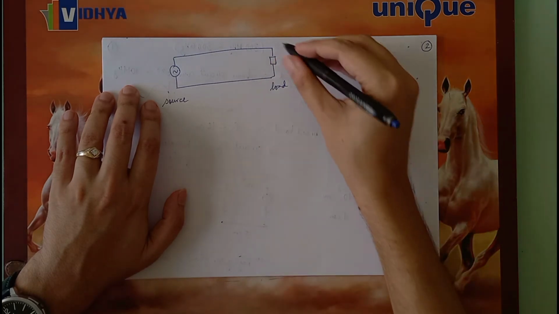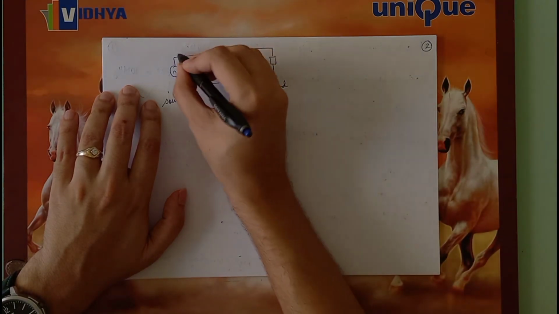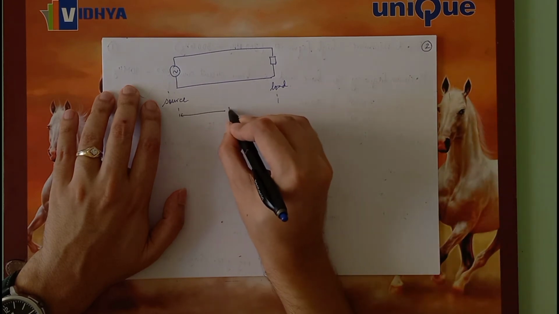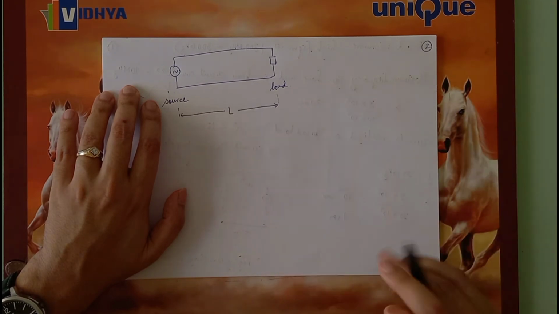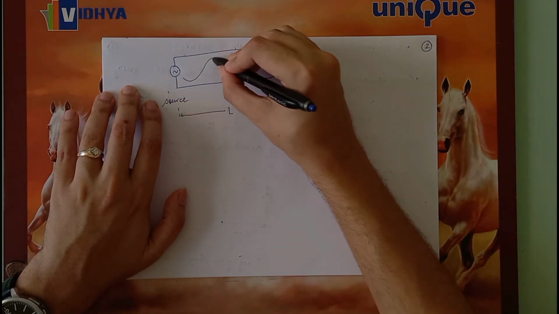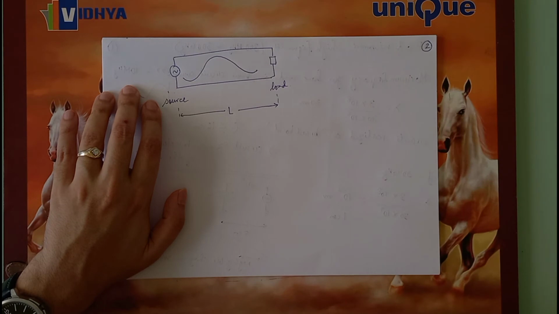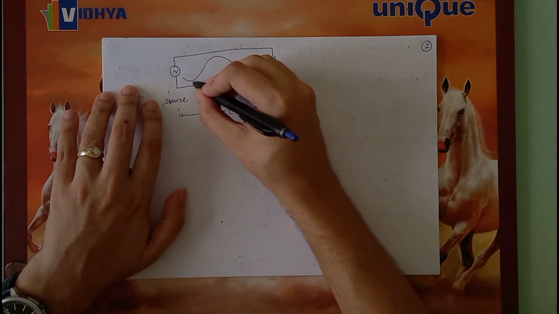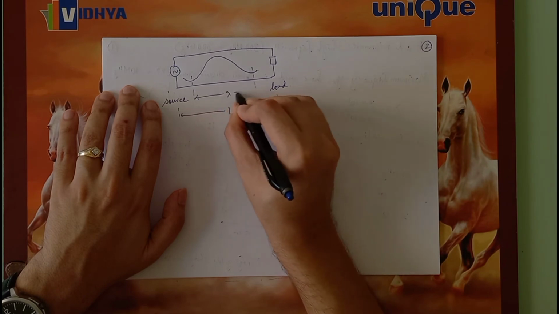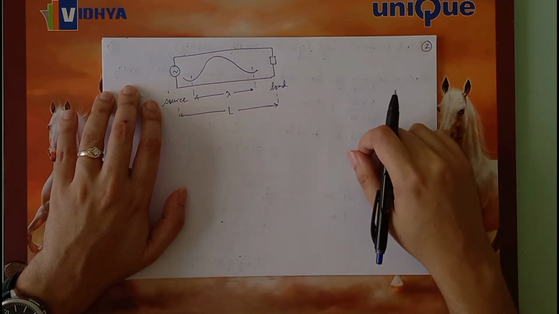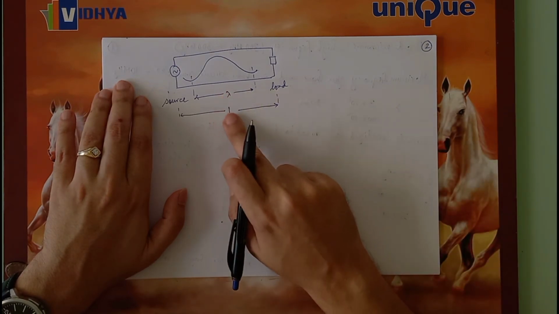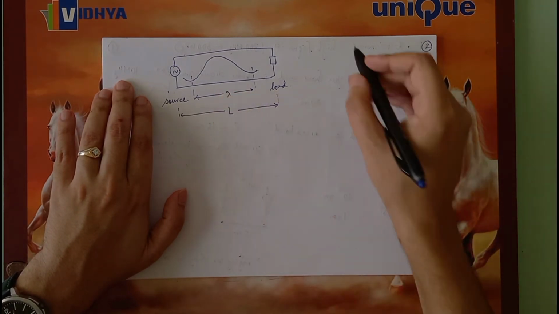Now, suppose the distance between the source and the load is some length quantity L. And there is a high frequency wave that is flowing. So let us say this much is lambda. The distance between two troughs is lambda. So clearly you can see that lambda and L are comparable to each other.